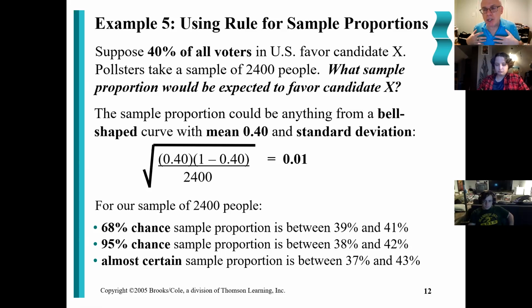And if it's considered extremely unlikely, then you say that assumption, like this 40% assumption, seems to be incorrect. That's called hypothesis testing. Pretty cool how it works. And it works without knowing what the actual population value is, which is really pretty remarkable.